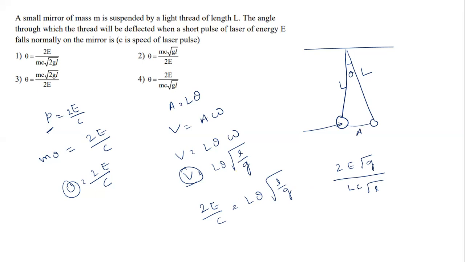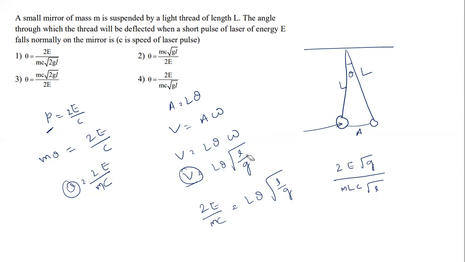So this we can write. Where has m gone? Here it is, m is there. Here it is m. So right. Clear? And you can cancel one L. Root g by L, not L by g.